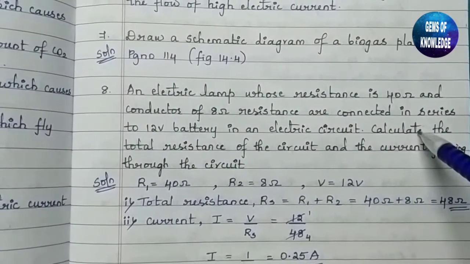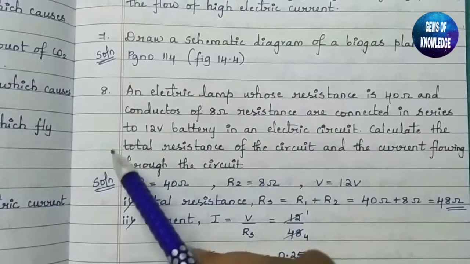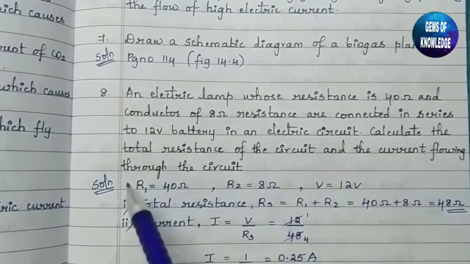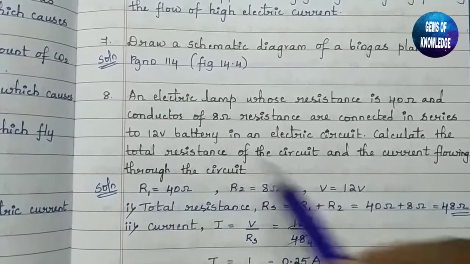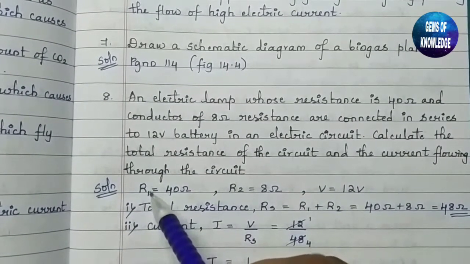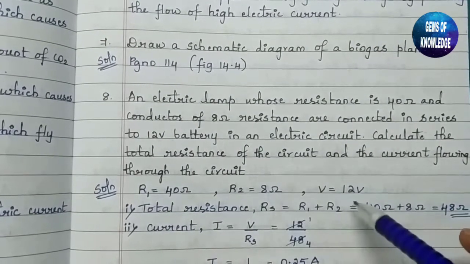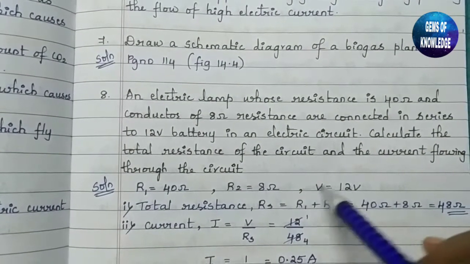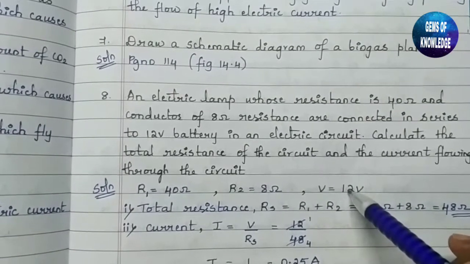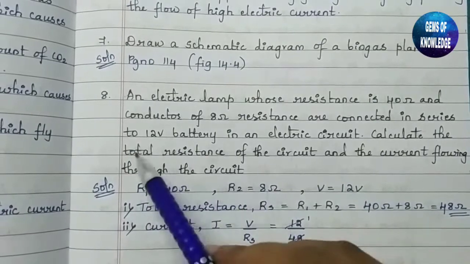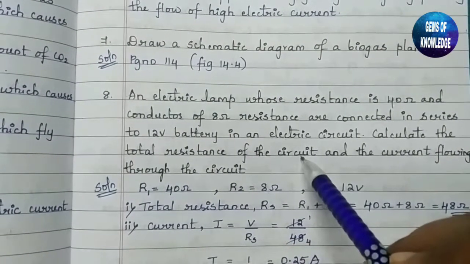So what you need to calculate here is the total resistance of the circuit and the current flowing through the circuit. The basic things given are R1 equals 40 ohms, R2 equals 8 ohms, and V, the voltage source, that is the 12-volt battery. The first thing they told us to calculate is the total resistance of the circuit.